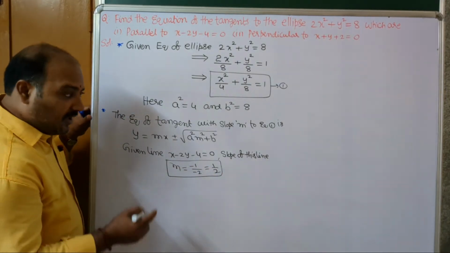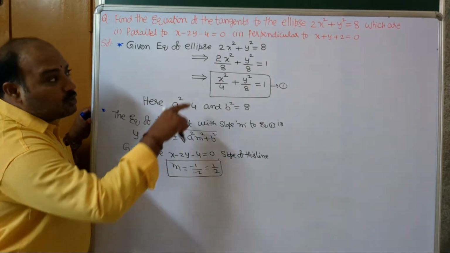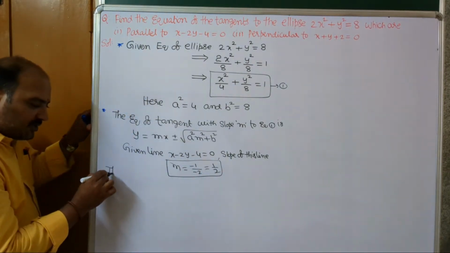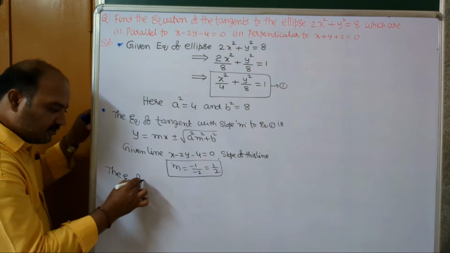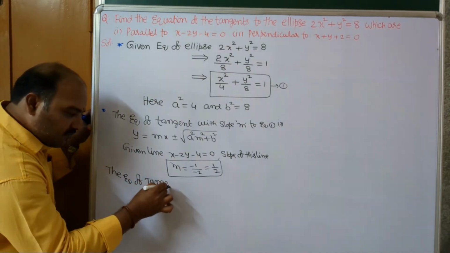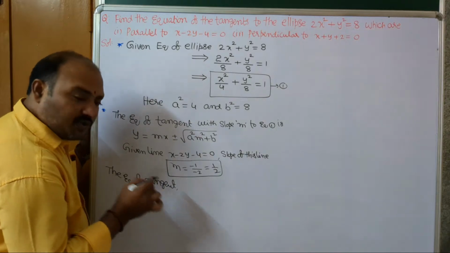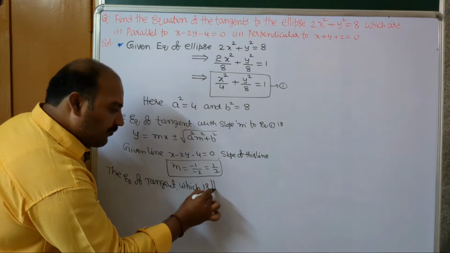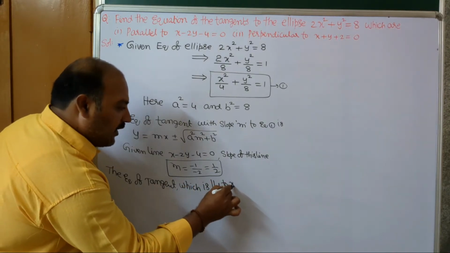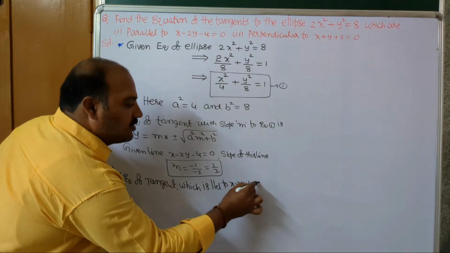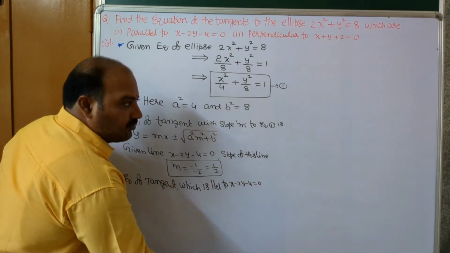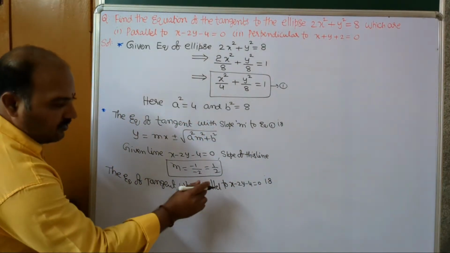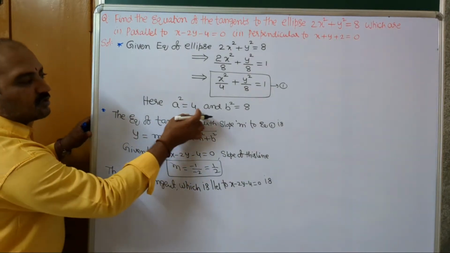So now the equation of tangent to equation 1 which is parallel to x minus 2y minus 4 equal to 0 is: substitute this m value in a square and b square.